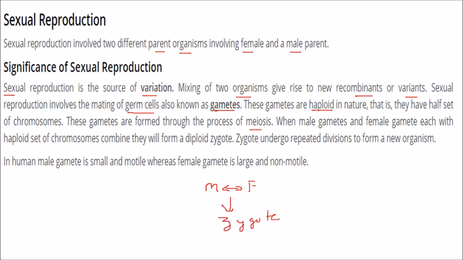This zygote undergoes repeated divisions to form a new organism. In humans, the male gamete is small and quite motile, while the female gamete is large and virtually non-motile.